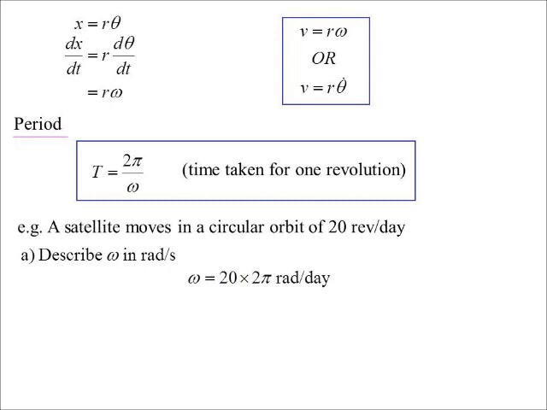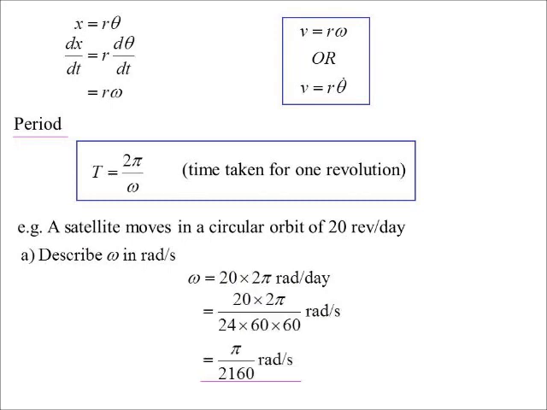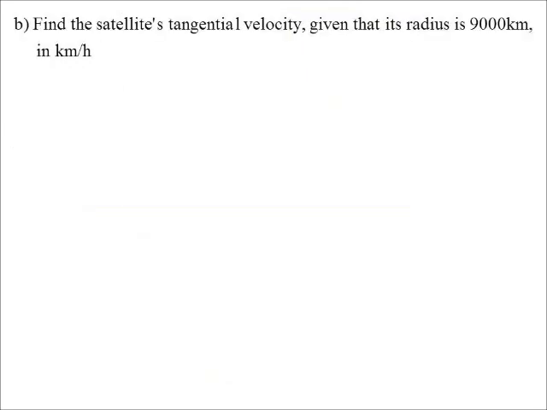So I know it'll do 20 times 2 pi radians in a day. I want to know how many it does in a second. So if I divide that by 24 for hours, and then 60 for minutes, and another 60 to get it down to seconds, we come up with pi on 2,160 radians per second.